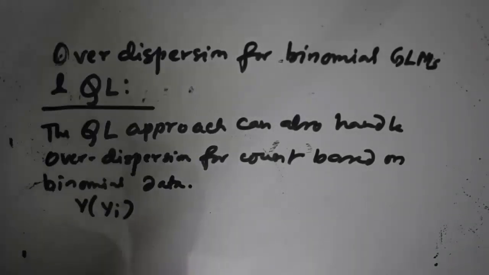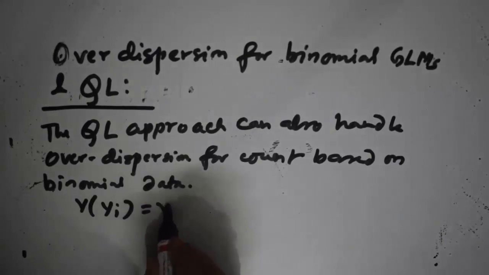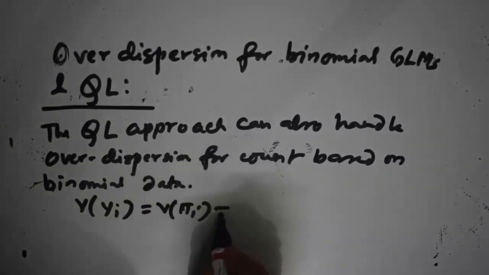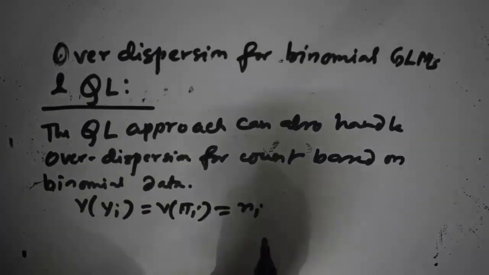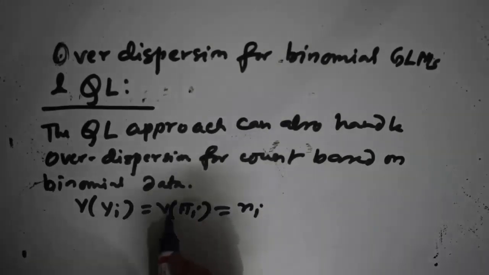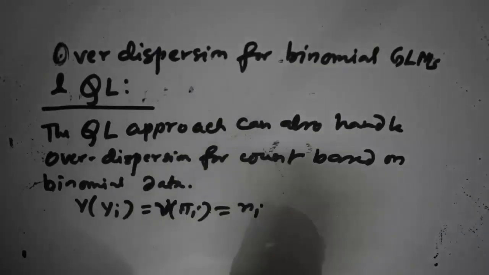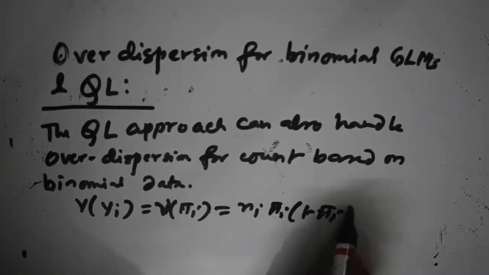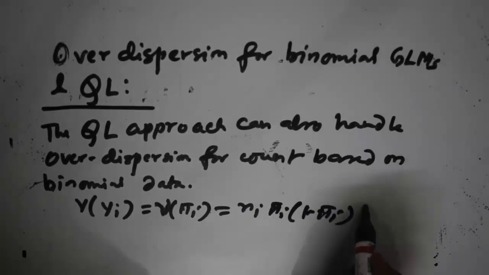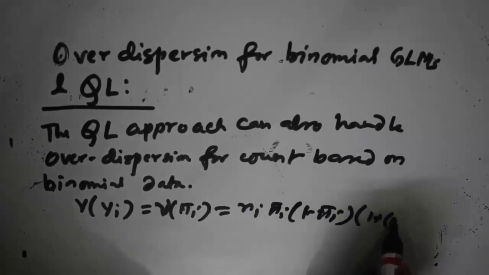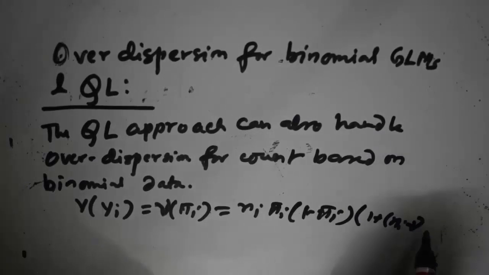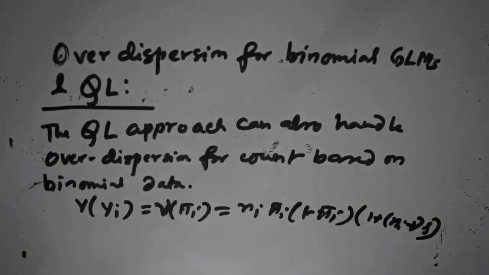Recall the variance of yi, which is equal to the variance function nu of pi i according to the notation of quasi-likelihood, equal to ni pi i (1 minus pi i) times (1 plus (ni minus 1) rho). Rho is a correlation.